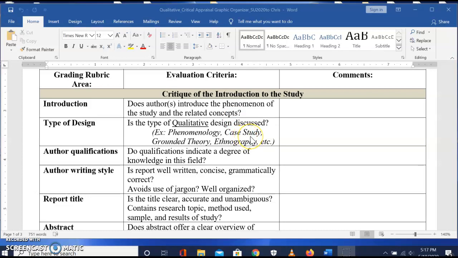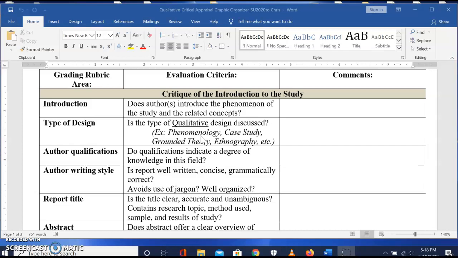Next important thing is, are they discussing the design of the research study? And if they are, then you need to say which one they are describing. So it's more than just a qualitative or a quantitative design. We want to know exactly, and researchers should be able to let us know that it's a phenomenology design that's qualitative, a case study, ethnography, or grounded theory.